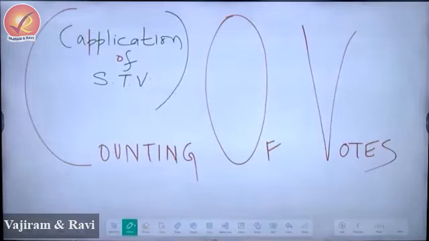Simple but interesting. If you know this, then you know the election of the vice president, you know elections of the Rajya Sabha, you know elections to legislative council. The same counting is applicable there.